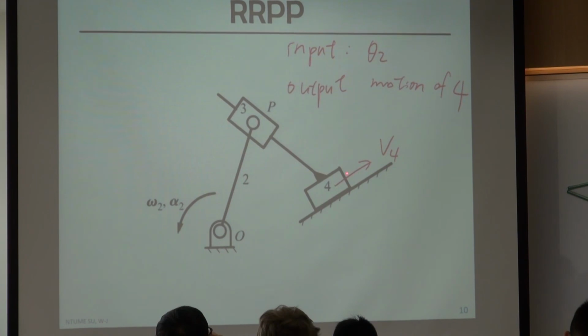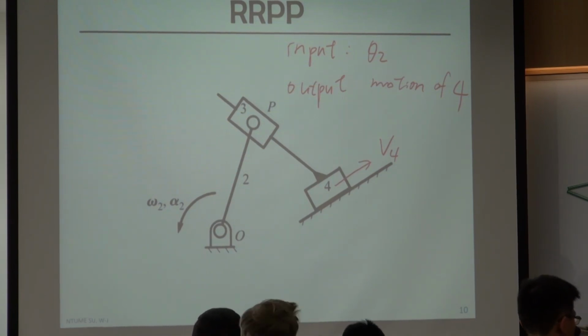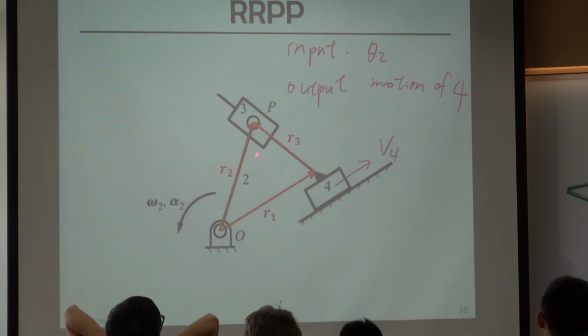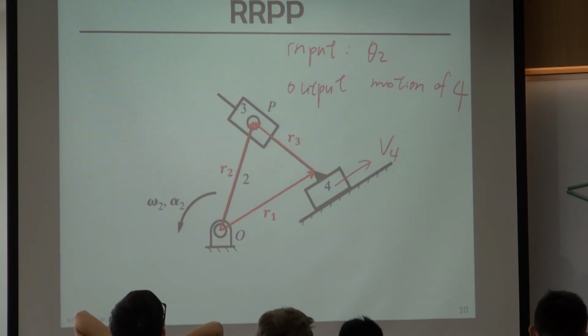So we need to make sure our vector loop can include these 2 pieces of information: the orientation of link 2 and also the motion of link 4. You can think about it. Anyway, I determine it in this way. It's also a simple vector loop. It's just a triangle.